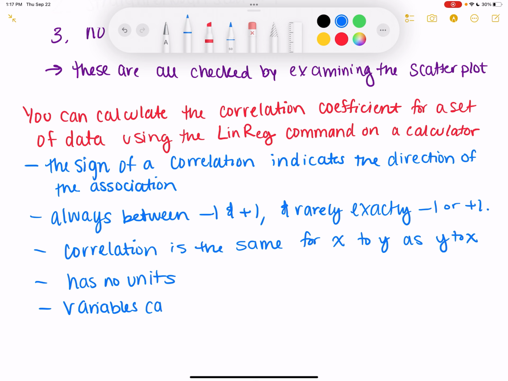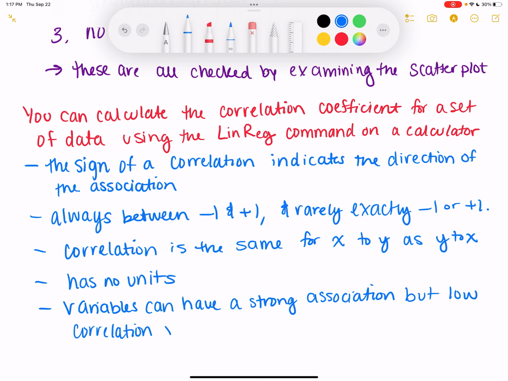Variables can have a strong association below correlation value if the relationship isn't linear.